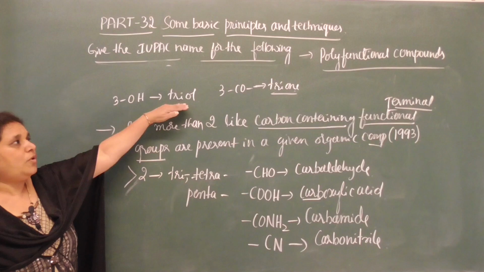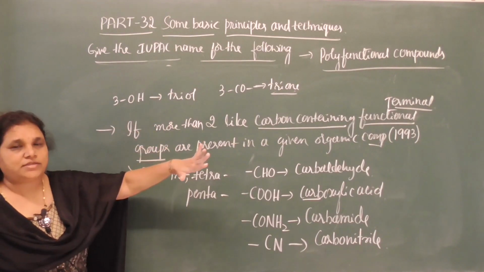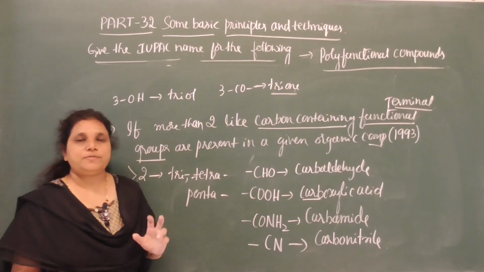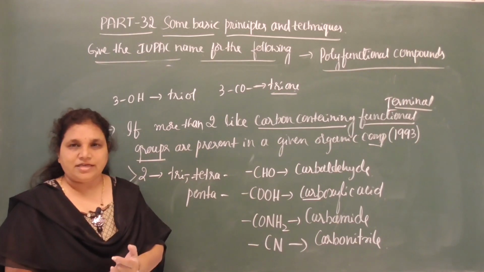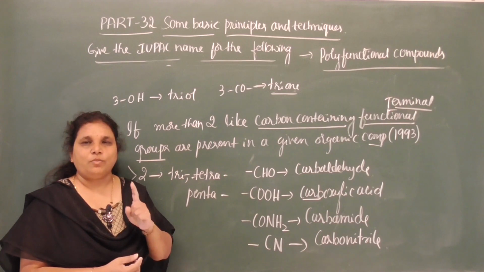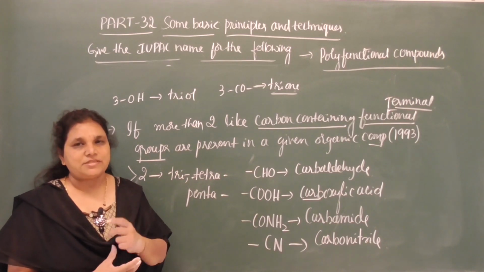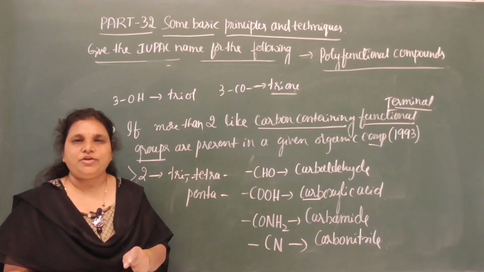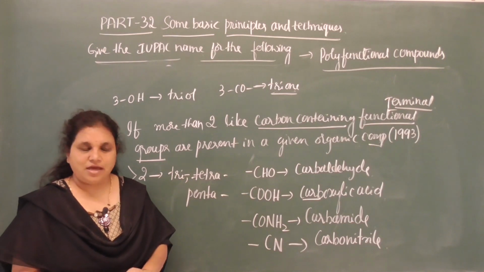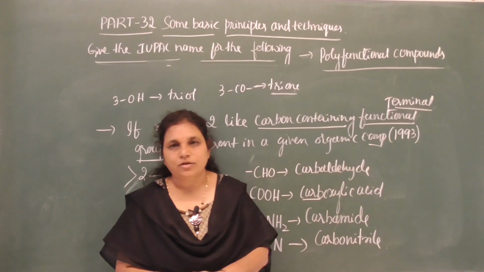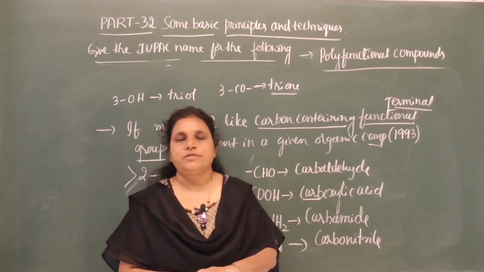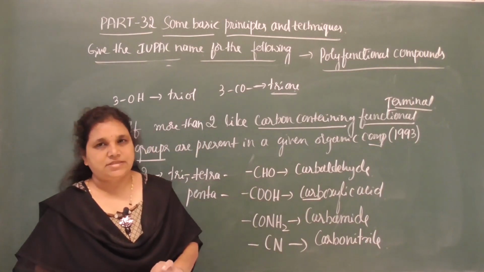If more than 2 different functional groups are present, you need not worry, just follow the priority table and take one of the functional groups as the principal functional group. For that you give the secondary suffix, and all the remaining functional groups you treat as substituent groups, for which you add prefixes. Clear?